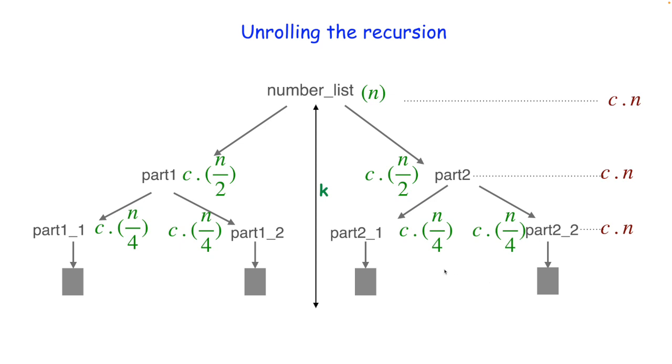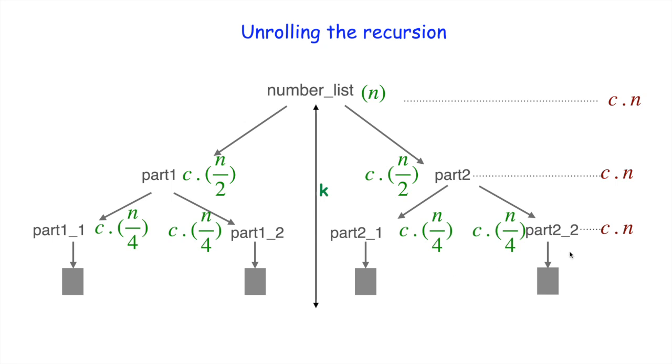Now let's see the time taken for the merge operation at each of the levels. At the top level, to merge n elements, the time needed will be proportional to n. In the second level, we have two parts having n by 2 elements. So each of these parts will need time proportional to n by 2, and hence the total time at this level will be again proportional to n.